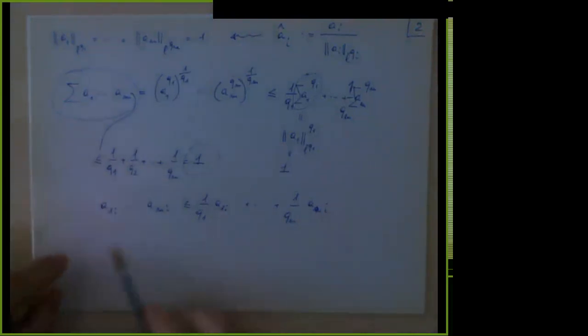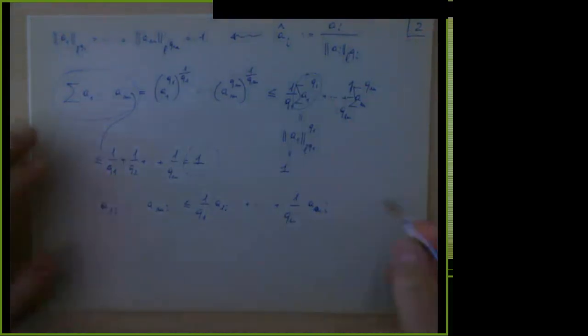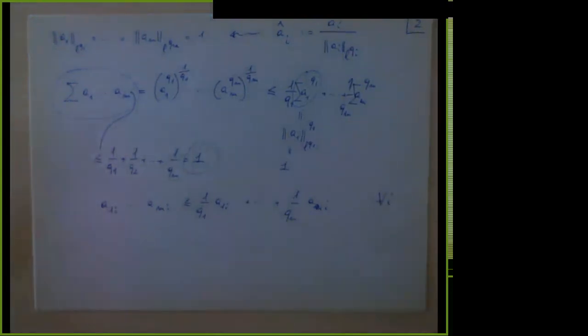And all we did was to sum on both sides with respect to i. That is why I say that we passed from a pointwise inequality, in the sense that this holds for every i, to a global inequality, to a summed inequality.